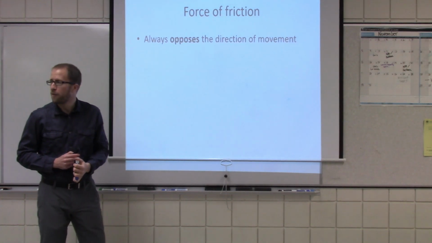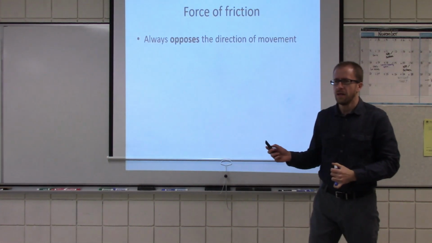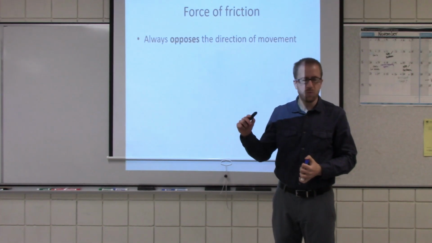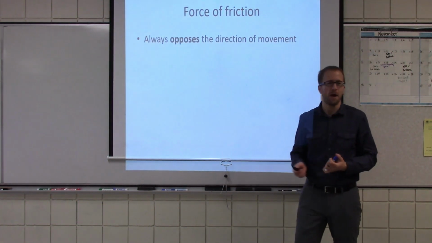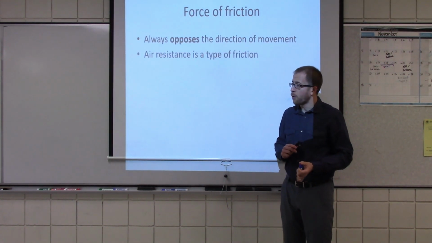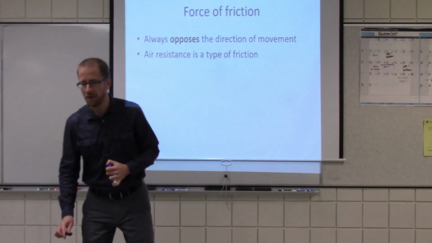The next type of force I want to talk a little bit more about is friction. If an object is moving, it is experiencing friction on our planet. There's really no such thing here as a frictionless plane. And importantly, friction always opposes your direction of movement.